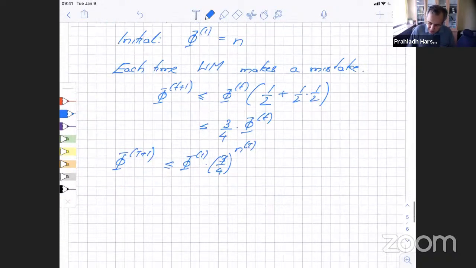phi of t plus 1 is certainly greater than wi of t plus 1. It's equal to the sum of all of them, so it's greater than this wi of t plus 1. And how does wi of t plus 1 compare against its original value?